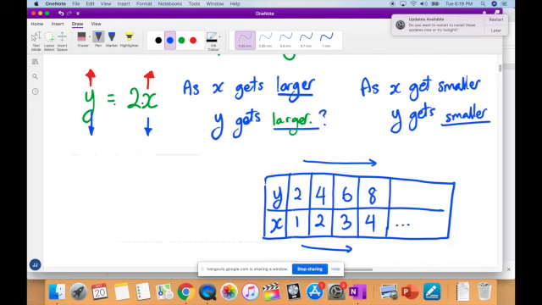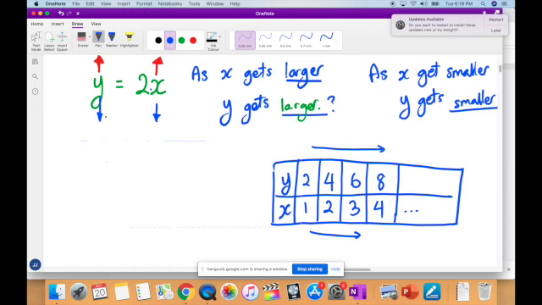So easy so far, right? So we say in a situation like this that y is proportional to x. And the term is directly proportional.